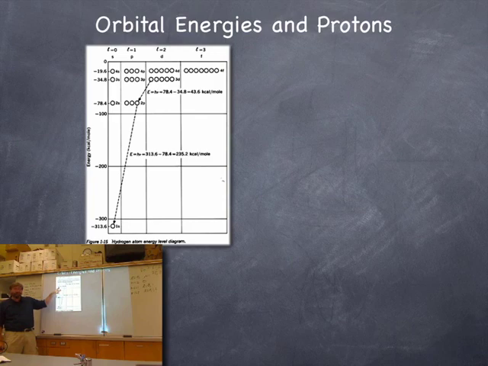Now, for hydrogen, it turns out that the 2s and the 2p's have exactly the same energy, which is why the Bohr model worked so well for hydrogen. And then here's a third energy level, and lo and behold, once again, for hydrogen, 3s, 3p, and 3d all have the same energy level.